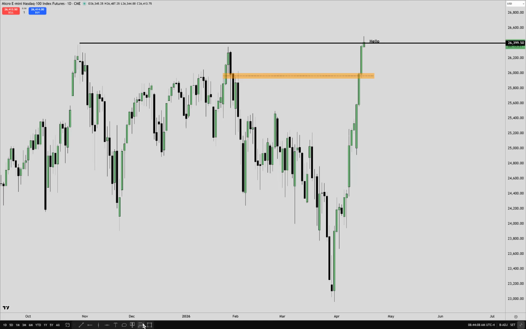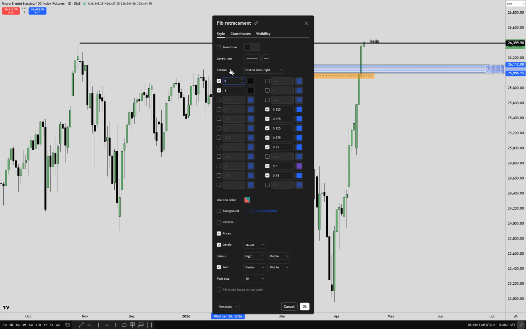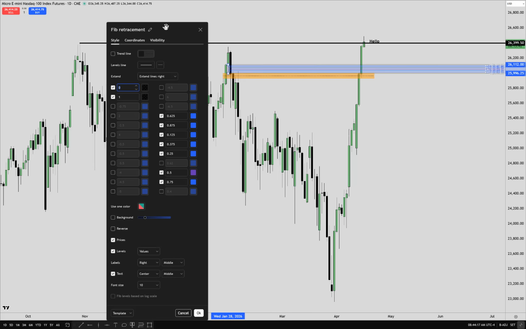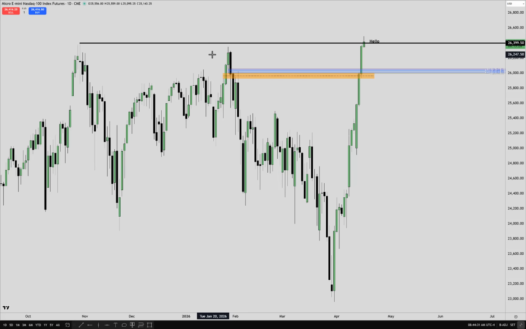When we're below a wick and we treat wicks as gaps, if we draw our fib on that, we don't need every level here. We don't need the upper levels, just the consequent encroachment, and then the low.